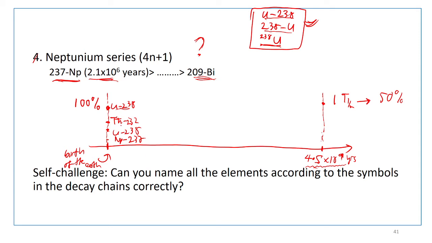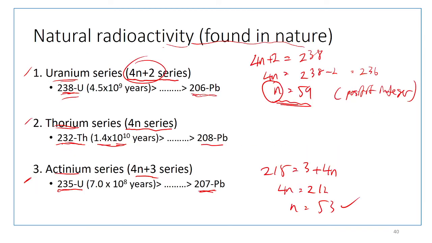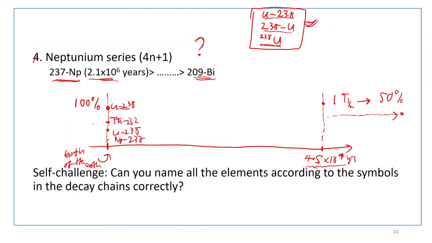The one half life of thorium 232 is far away from the current time, which means there is still a lot of thorium 232 currently on our planet.